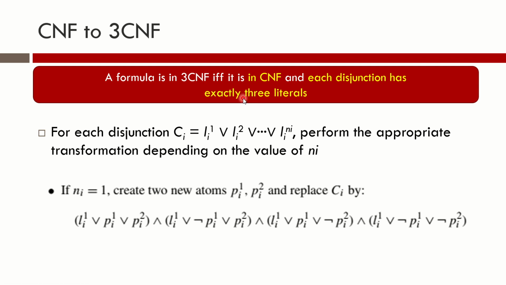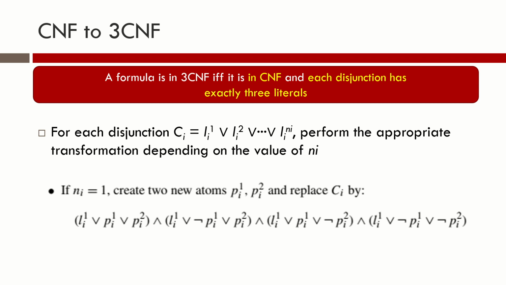Which says that if every disjunction in the CNF has exactly 3 literals, then we say that the formula is in 3CNF. The 3 indicates that the disjunction should have exactly 3 literals.